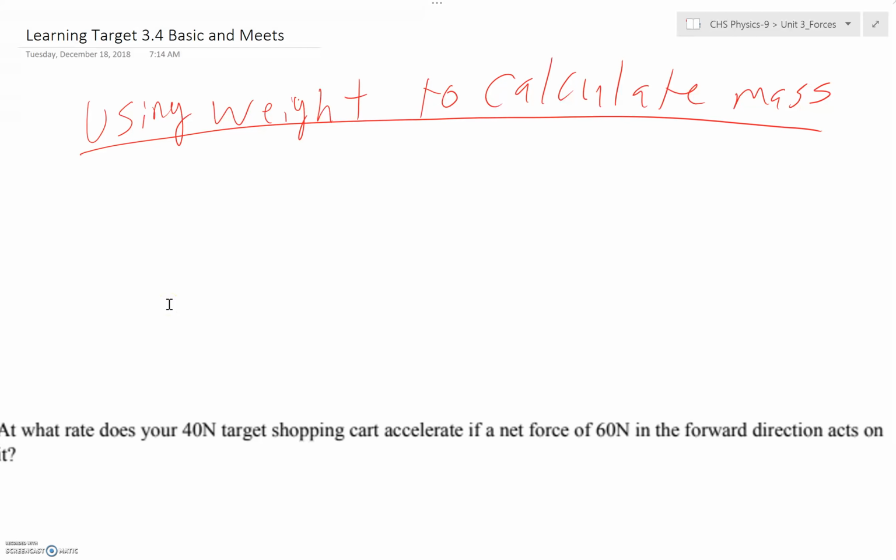In this video I'm going to be talking about using weight to calculate mass, and part of this will be at the basic level, other parts will be at the meets level, but we're just going to go ahead and get started. As a reminder, weight is the force of gravity. It's another way of just saying that.